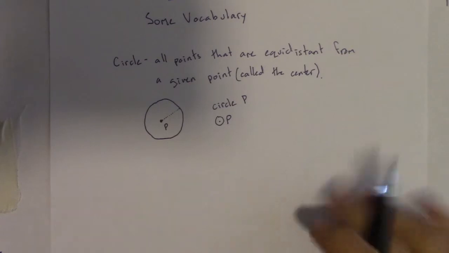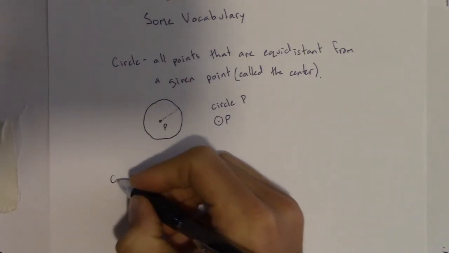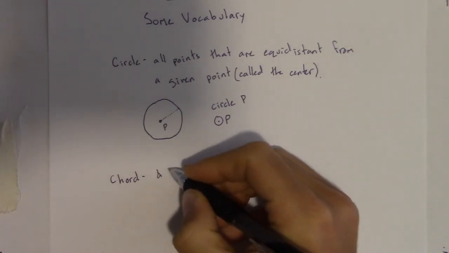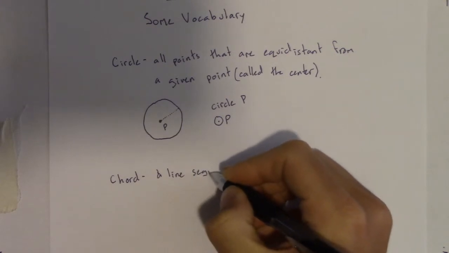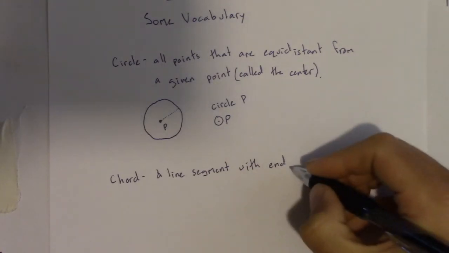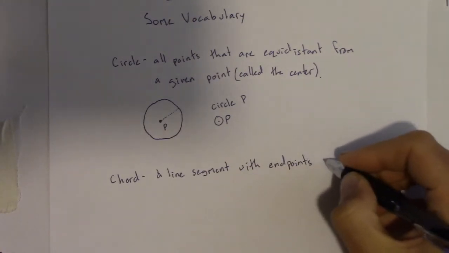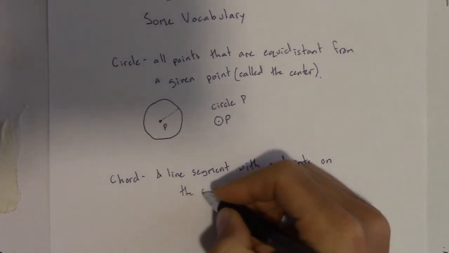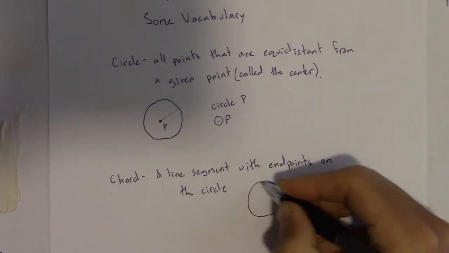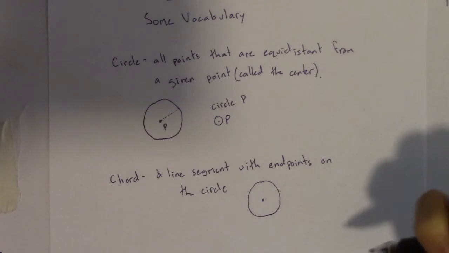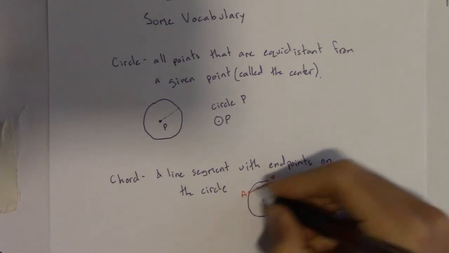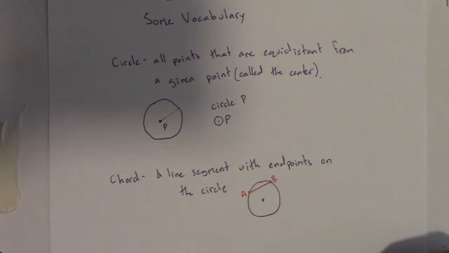So first up, from line segments, I could have what's called a chord. And a chord is a line segment with endpoints on the circle. Okay, so if I draw a circle right here, I could have chord AB, and it clearly has endpoints on the circle.